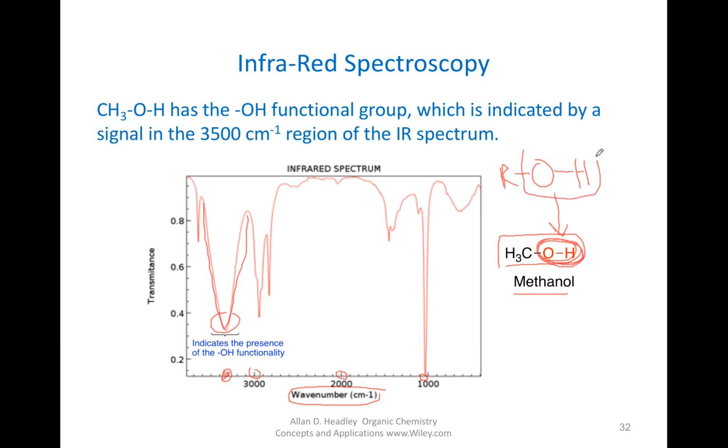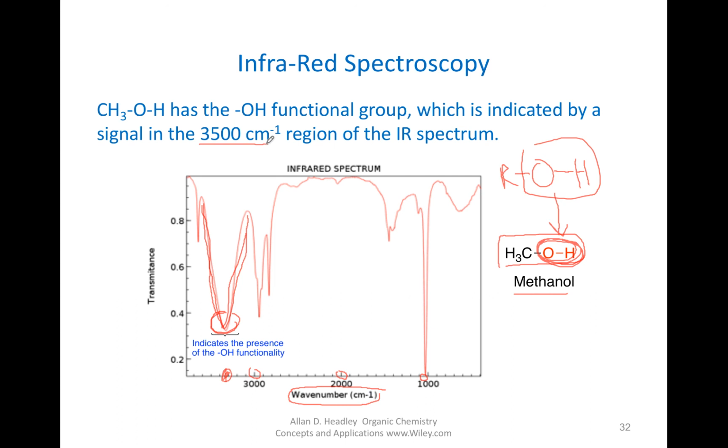Once it has this group here, OH, we will see in the infrared spectrum a signal, also known as a band, right here at around 3500 reciprocal centimeters. So that's one way of gaining an idea of the type of functional group in a molecule.